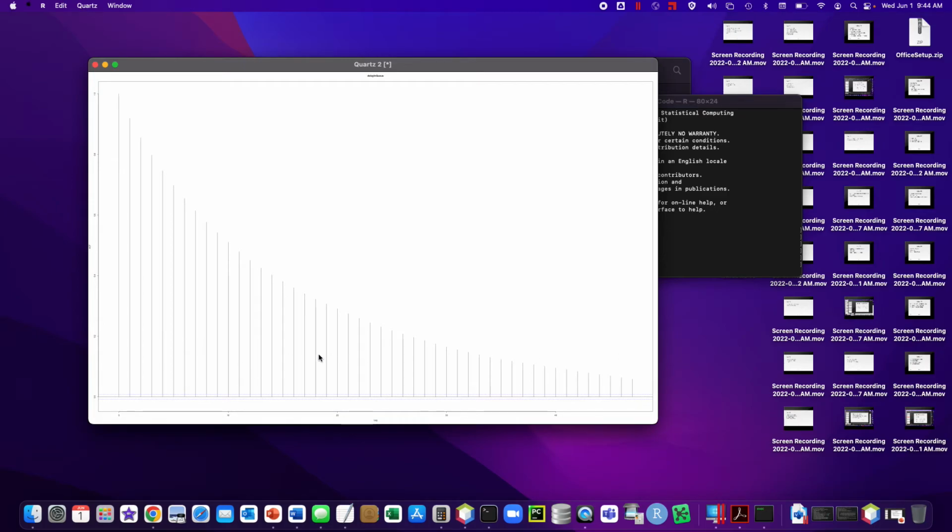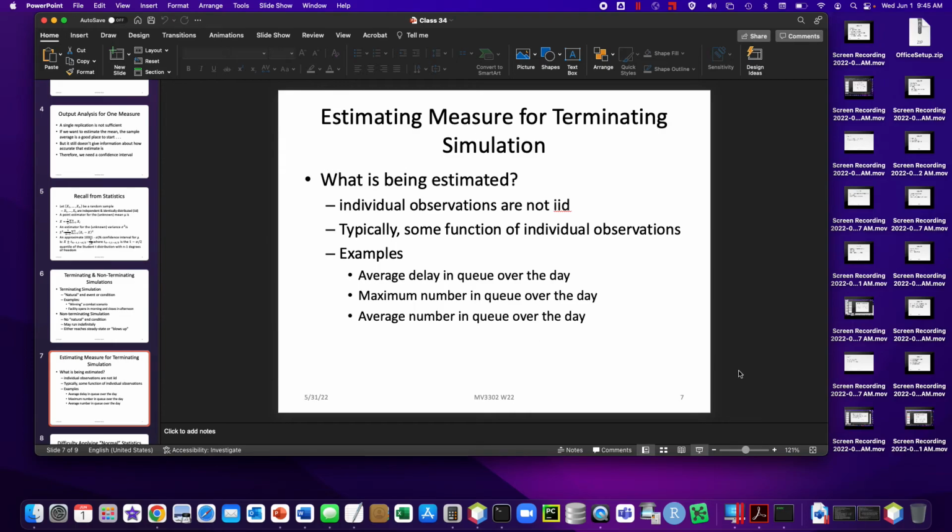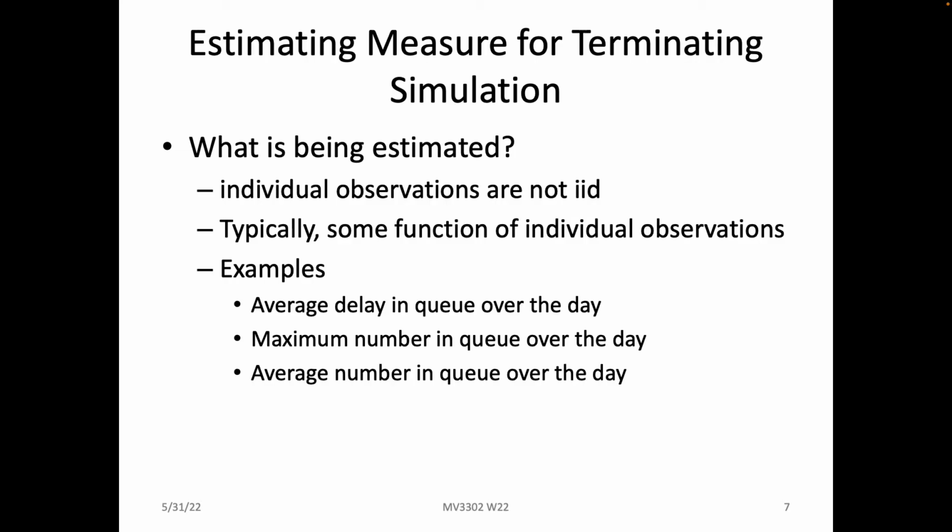But it still doesn't help us, because our successive observations are still down here. So what that leads to is the question of what the heck, again, we're talking about the terminating case. And that sort of belies the autocorrelation issue as well.